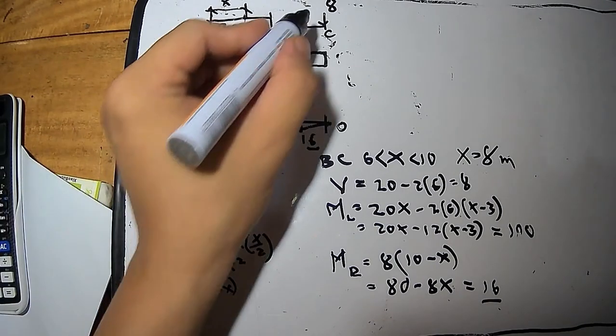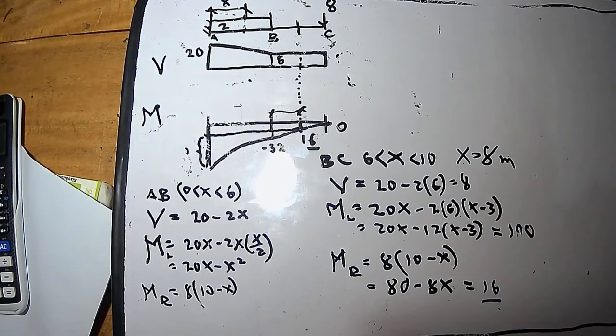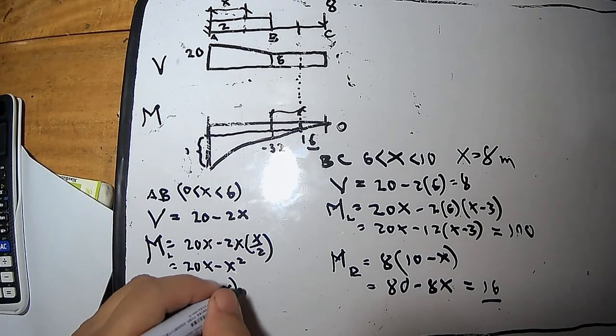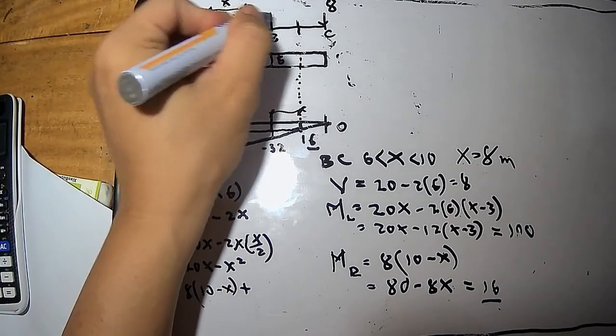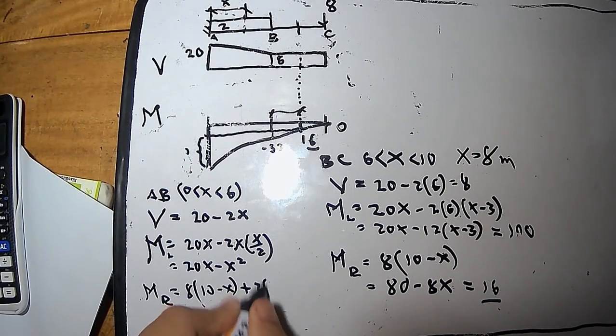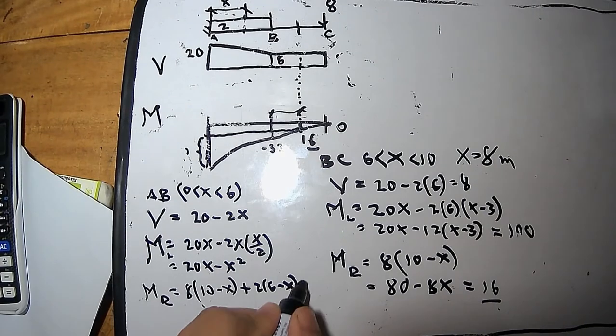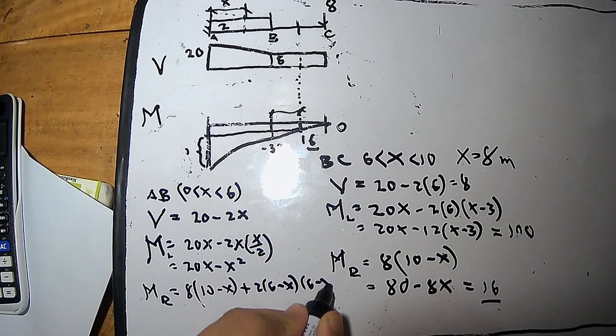And notice na clockwise direction siya. Okay? Plus, dito naman, what is this distance? That is 2 times 6 minus x multiplied by the lever arm na 6 minus x divided by 2.